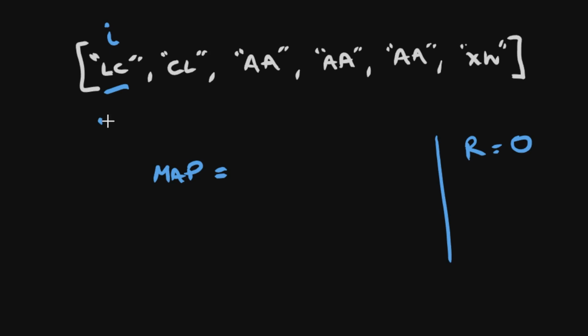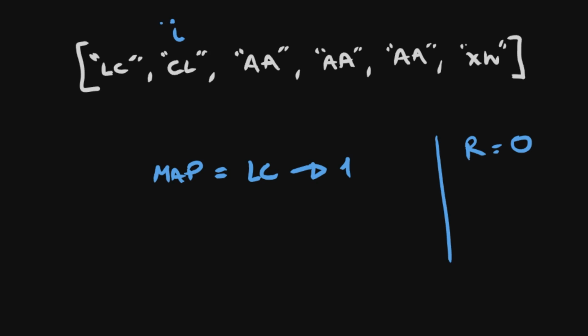So in this case we will get CL. And we will check if we have this in our map. If we don't have this in our map, we will add the original word to the map. So in this case, we add to the map a key LC with a count of 1.